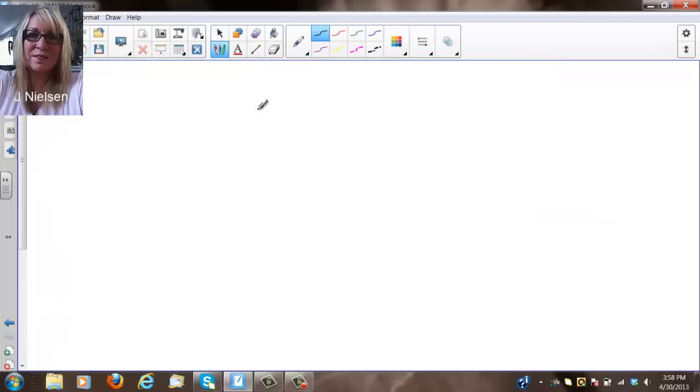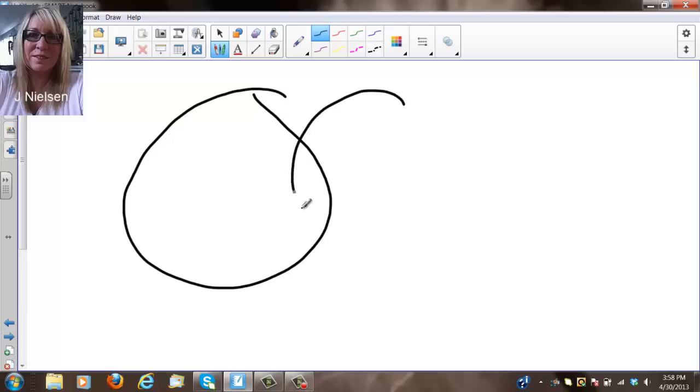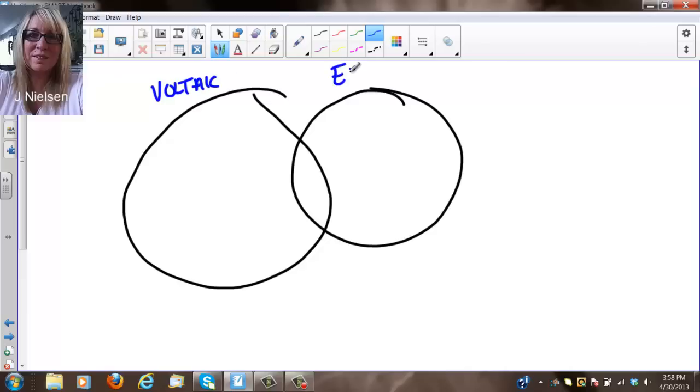Okay, last thing I want to do is compare and contrast. That's a really bad Venn diagram. Okay, so we've got voltaic and we've got electrolytic. And then we have the common area in the middle.